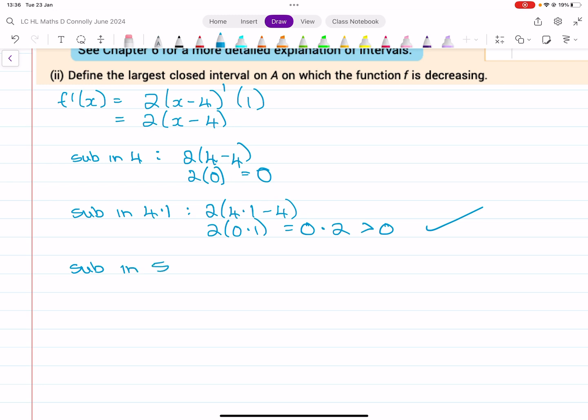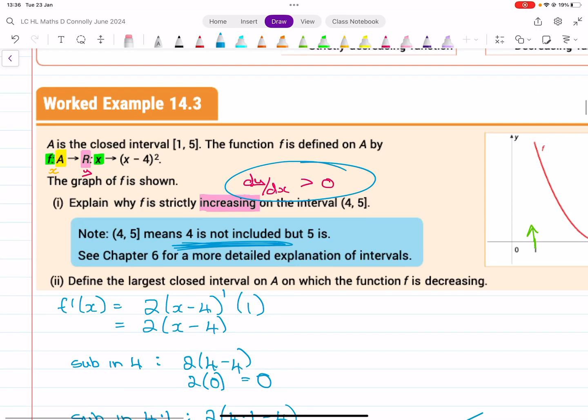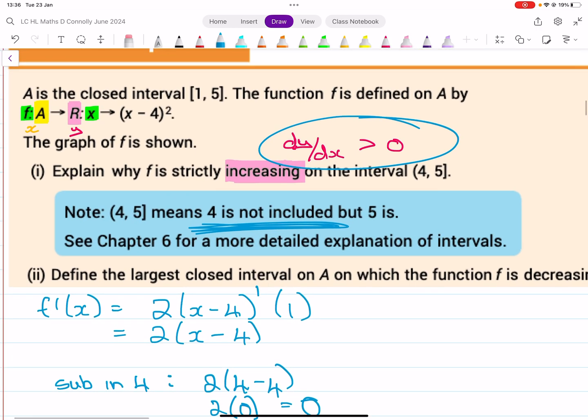So let's sub in 5. That would give us 2 times 1, which is 2. And is 2 greater than 0? Yes, it is. So explain why it is increasing across that interval. It is increasing because the derivative is greater than 0.